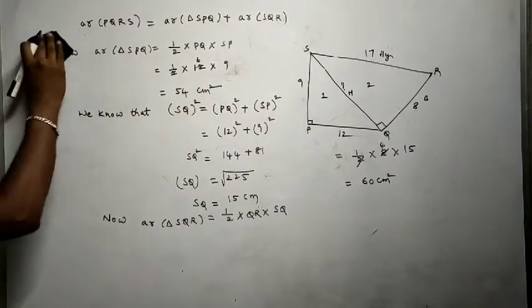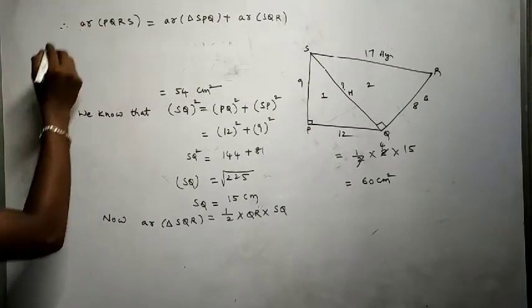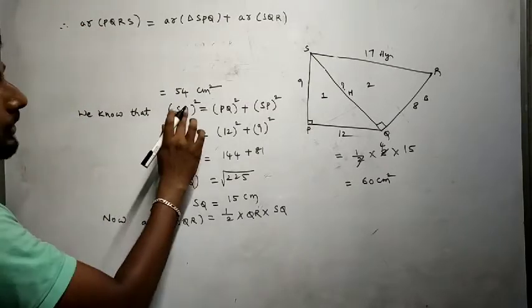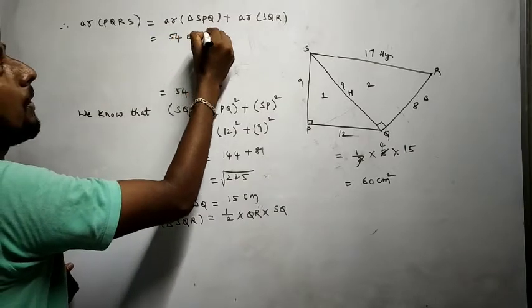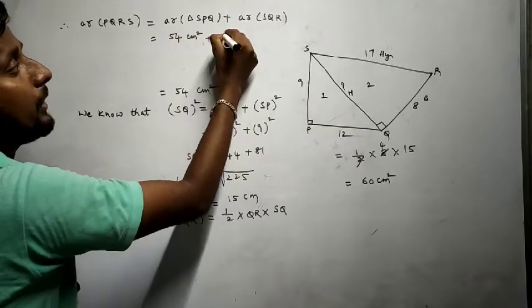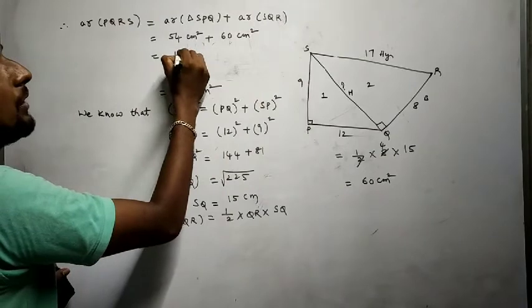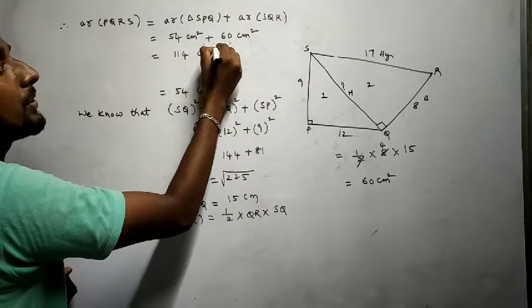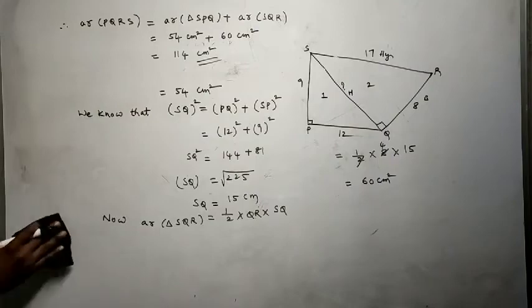So therefore area of PQR is equal to the first answer we got, 54 centimeter square plus 60 centimeter square, correct? So overall we will get 114 centimeter square. That is the area of PQRS, right?